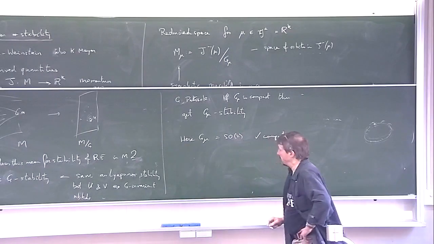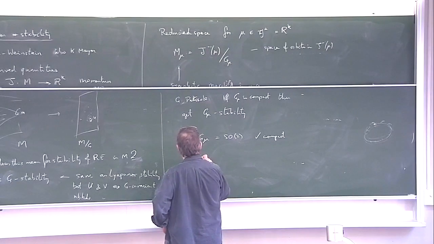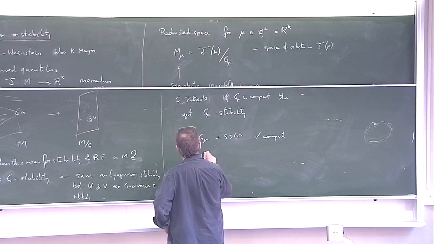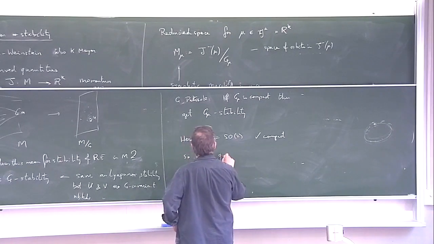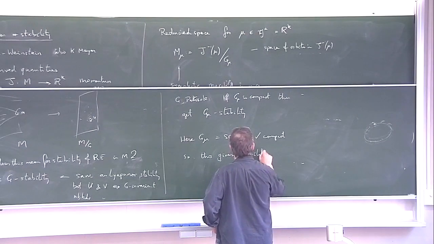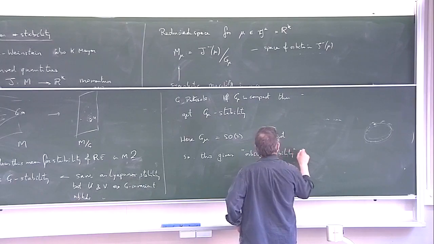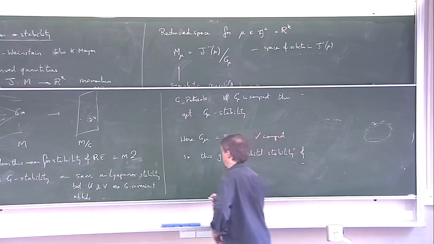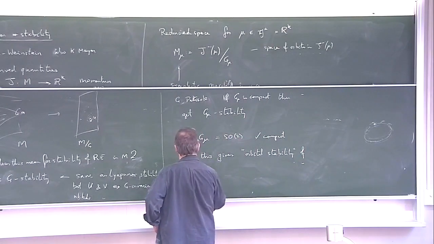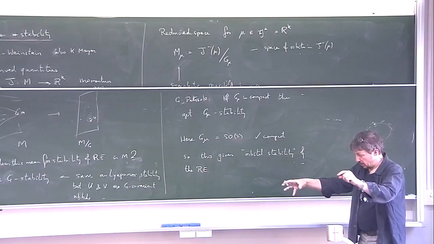So that's compact. The relative equilibrium will be periodic because it's just rotation about some point.